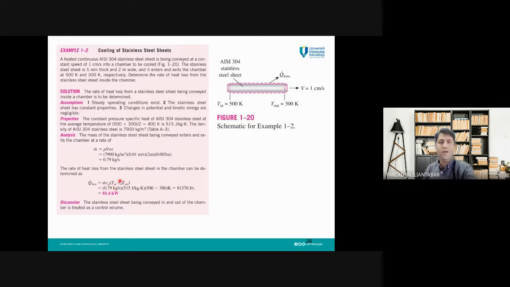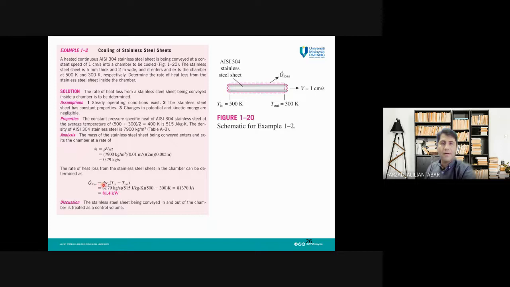If you remember, this is an open system, and we have a control volume. And to calculate the rate of heat transfer for such a system, we use this equation: Q dot loss is equal to m dot Cp (T in minus T out).